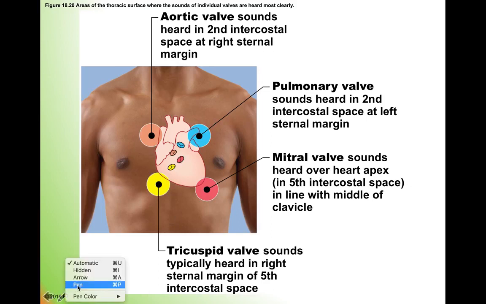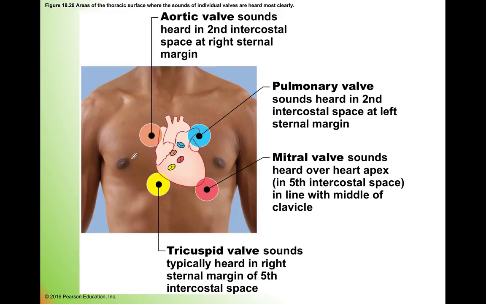Last part of this PowerPoint, we're going to focus on the 4 sounds of the heart that can be heard using a stethoscope. So we have 4 locations for them. If you want, you can learn more detail about them as far as the second intercostal space. But basically from this picture, what I want you guys to understand is this.